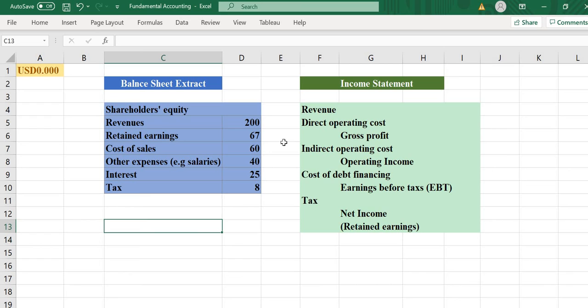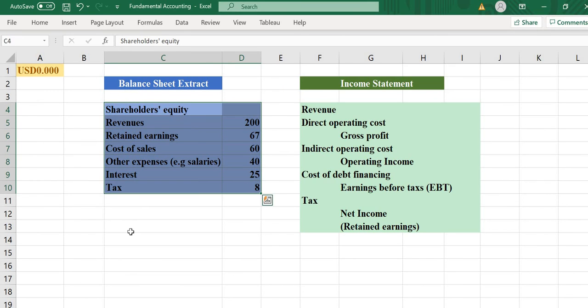So I already set up here this balance sheet extract. This is one of the important parts of a company balance sheet, the shareholder equity. And I already set up the income statement here.